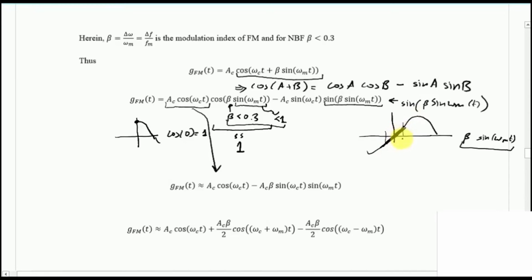So if it is linear, whatever is on the x-axis would eventually be translated onto the y-axis. And for that purpose, we can say that sin(β sin ω_m t) is approximately equal to β sin ω_m t, right?